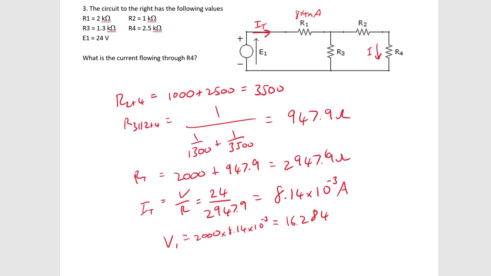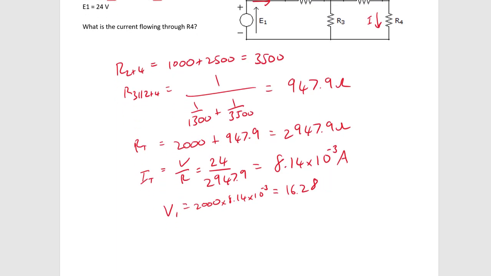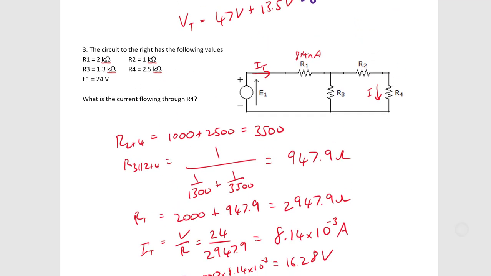So over here, I've now got the potential across R1, and the only thing that's in series with R1 is this whole combination here, and I could just say, well, if I know the voltage here is 16.28 volts, that would mean that R3 would receive the rest of it.